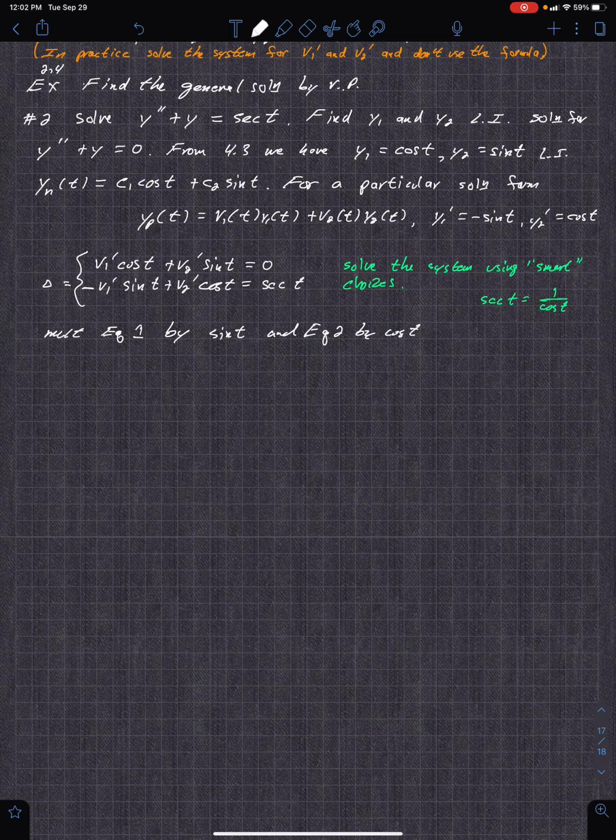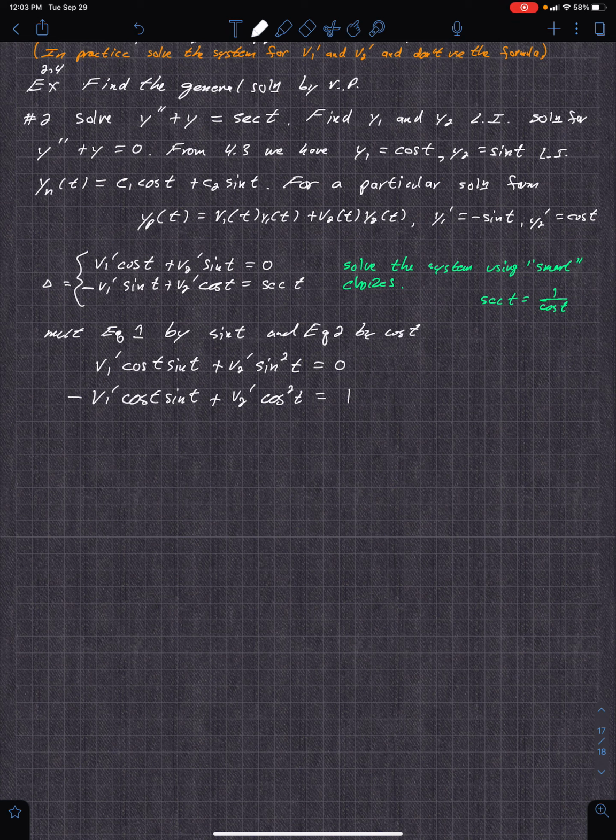By doing that, you get v1 prime cosine t sine t plus v2 prime sine squared t equals 0, minus v1 prime cosine t sine t plus v2 prime cosine squared t equal to 1.